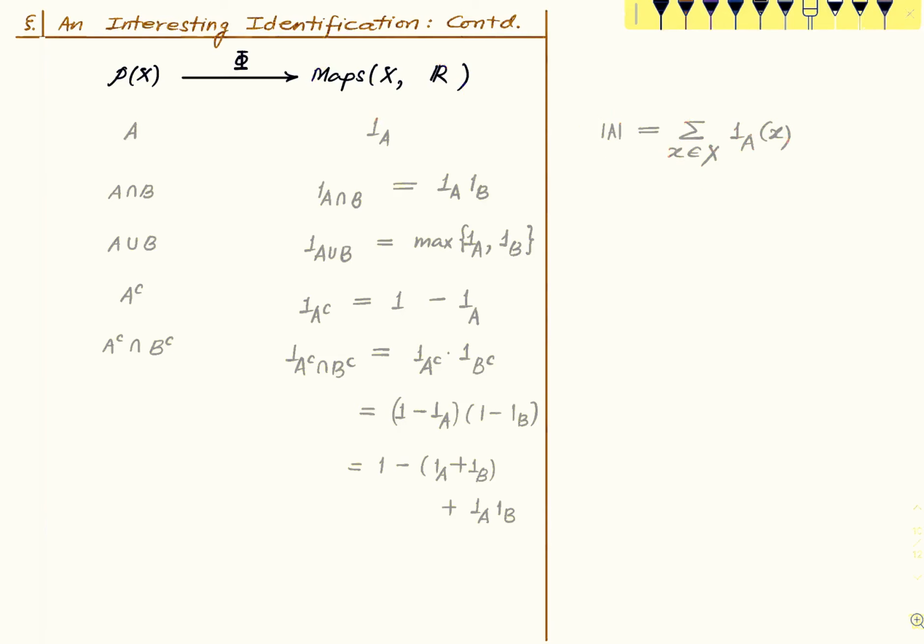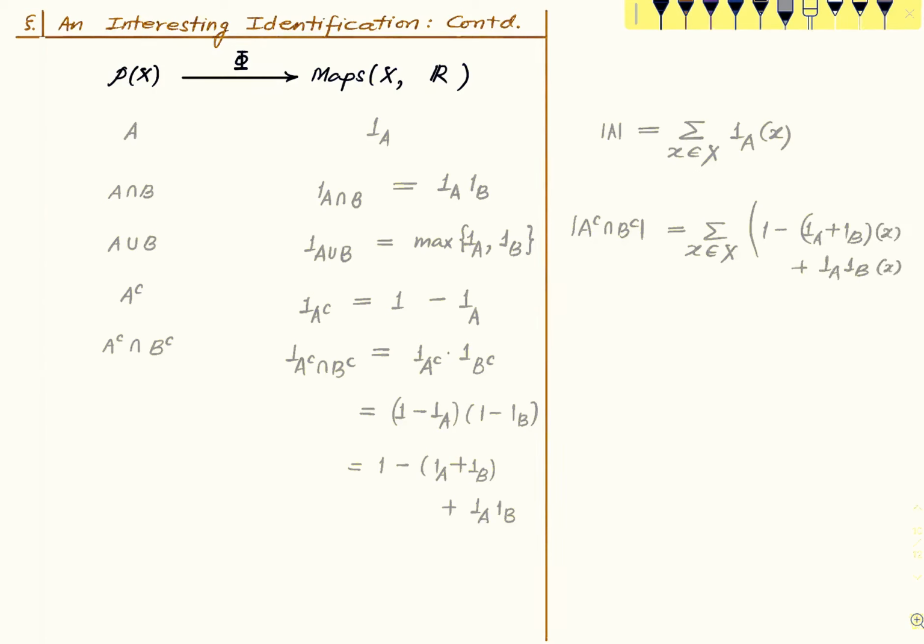And now suppose I wanted the cardinality of this. This shows us that the cardinality of A complement intersection B complement is the summation over x in X of 1 minus 1A plus 1B plus 1A 1B. And I always forget to write x.